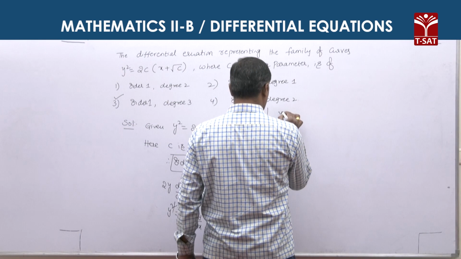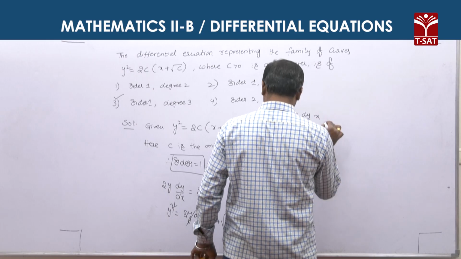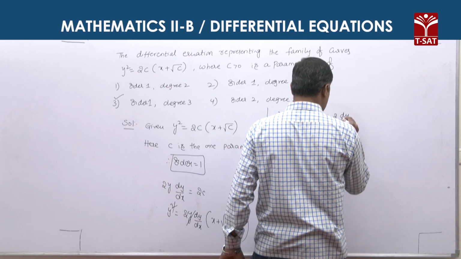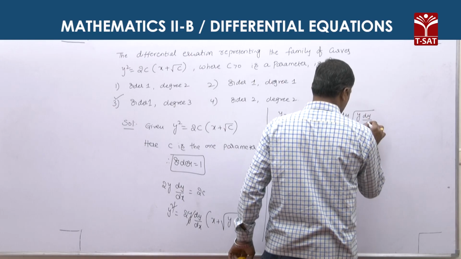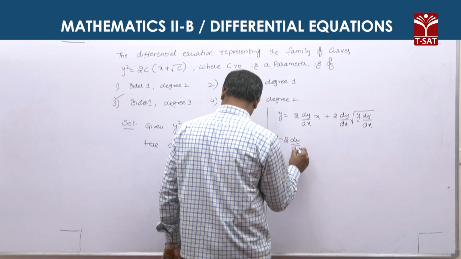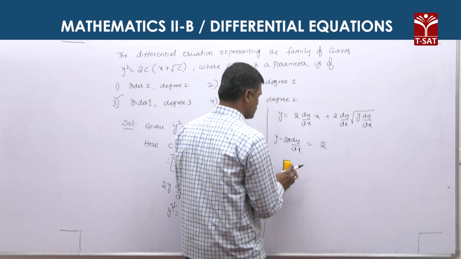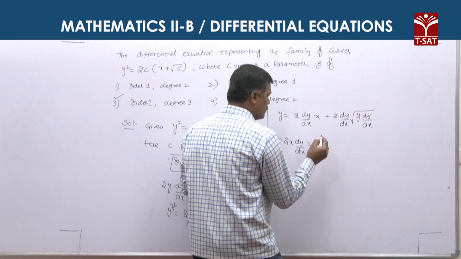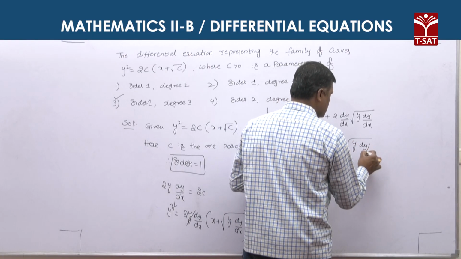y is equal to 2 into dy by dx into x, multiplying with this value into x plus 2 into dy by dx into under root y into dy by dx. y minus 2x into dy by dx is equal to 2 into dy by dx into root over y into dy by dx.